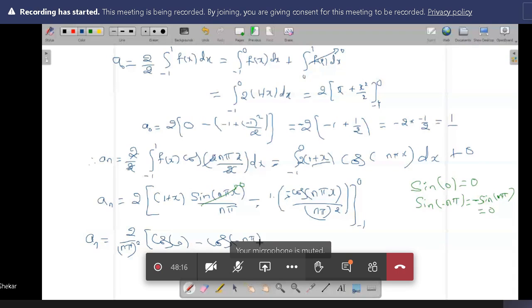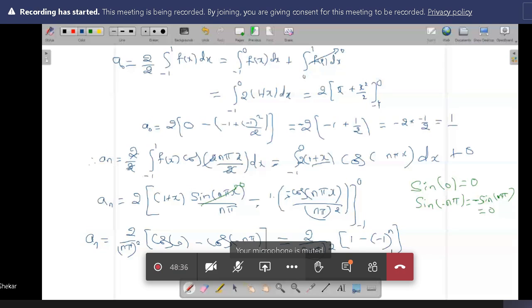So cos of minus theta is cos theta, and after simplification this becomes 2 divided by n pi whole square into cos 0 is 1 minus cos n pi value, which is minus 1 power n.